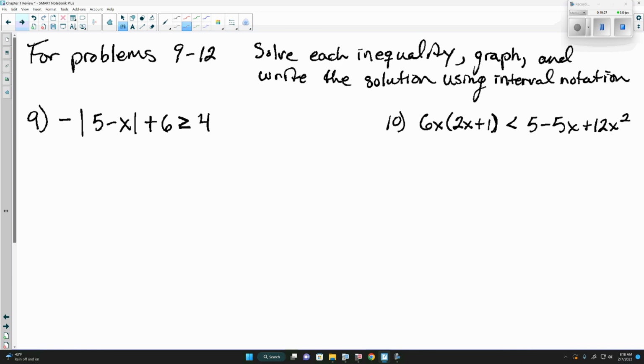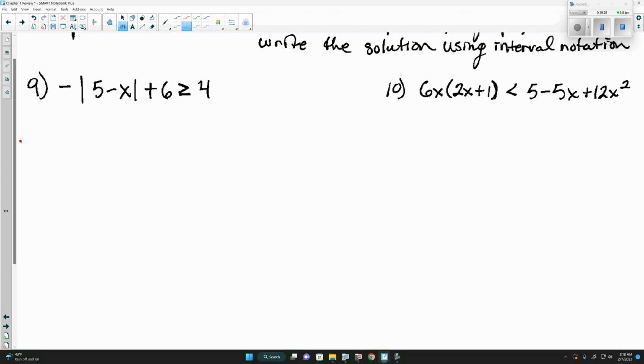Inequalities. We can look at number 9 for this one here. Now again, with inequalities, the main thing is that we need to get the absolute value bars by themselves. So the first thing we can do is subtract 6 from both sides, which tells us that we have negative absolute value of 5 minus x is greater than or equal to negative 2.